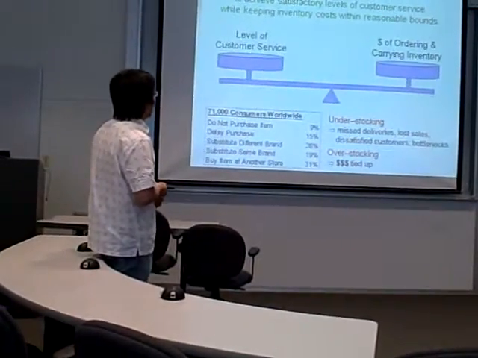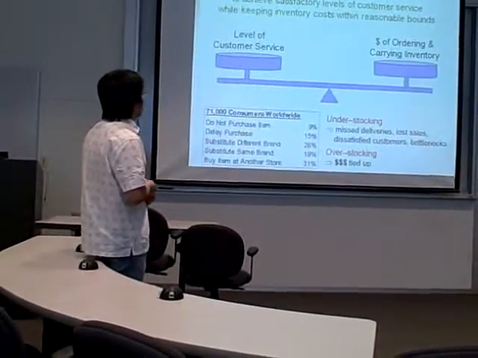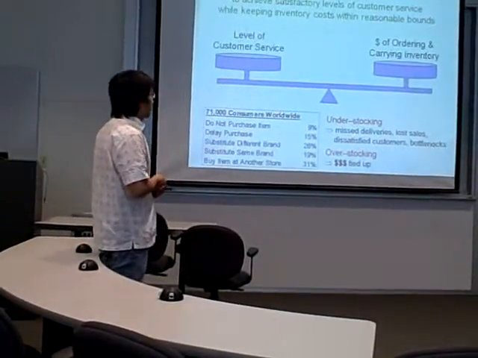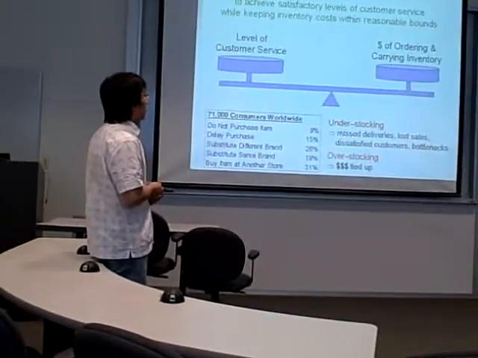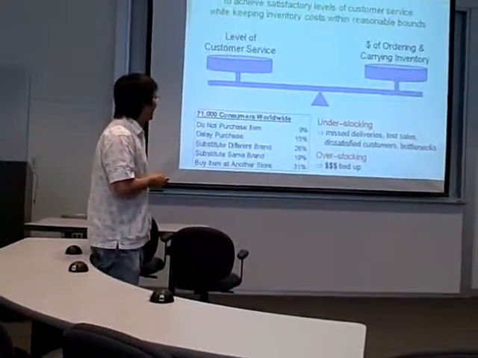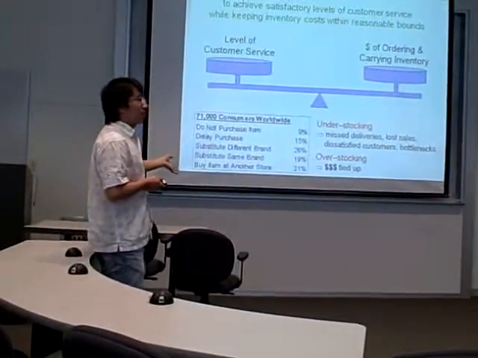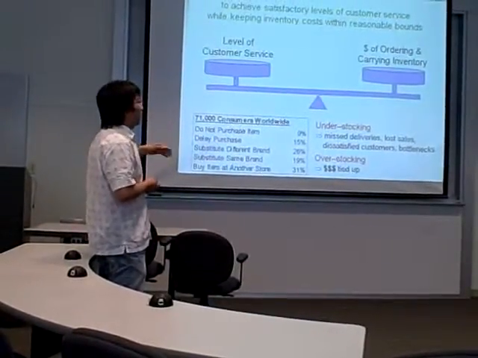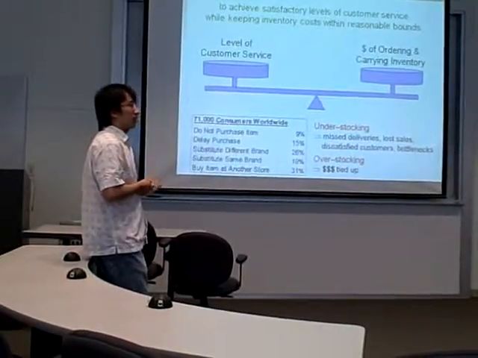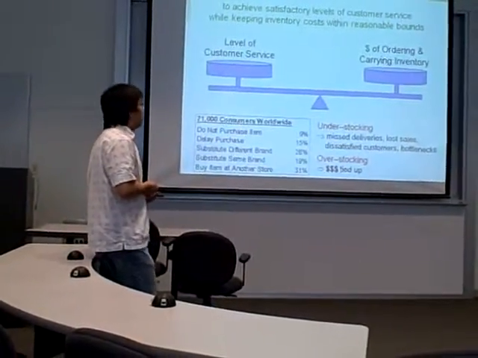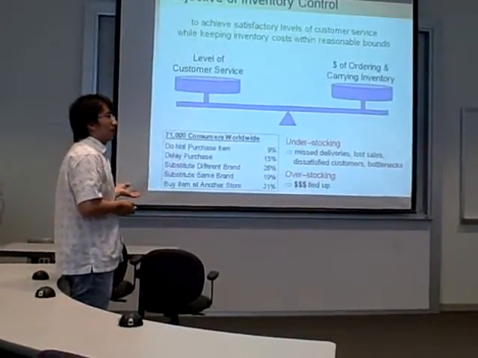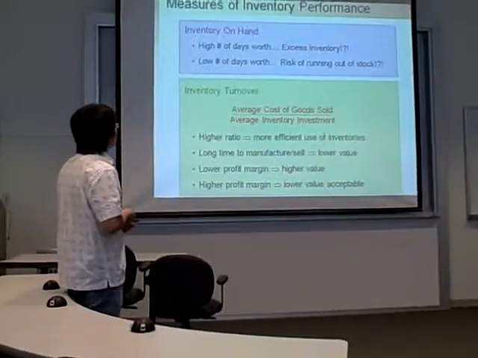Under these circumstances, there are missed deliveries, lost sales, and dissatisfied customers. That is a drawback, and that is the benefit of inventory. If you have inventory, you can avoid these things. If you have more inventory, then as I said, there is money tied up there.